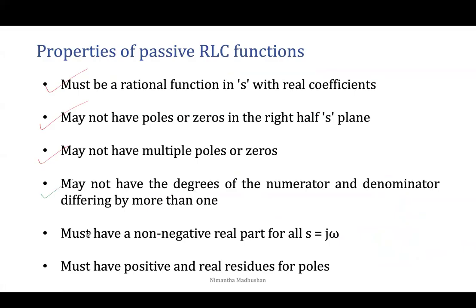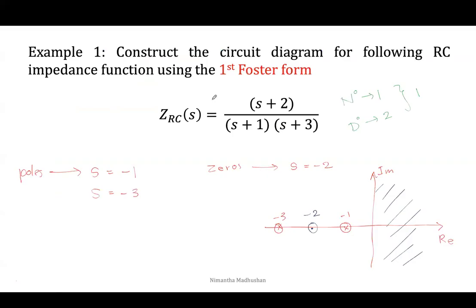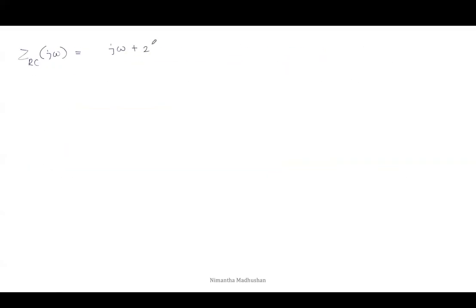And the fifth one: it must have a non-negative real part for all s = jω. For that, we have to substitute s = jω into this impedance function. We get Z_RC(jω) = (jω + 2) / ((jω + 1)(jω + 3)).